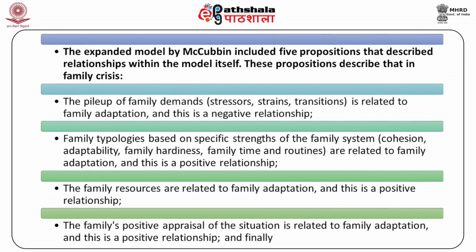The expanded model by McCubbin included five propositions that describe relationships within the model itself. These propositions describe that in family crisis, number one, the pile-up of family demands, that is stressors, strains, transitions, is related to family adaptation, and this is a negative relationship.